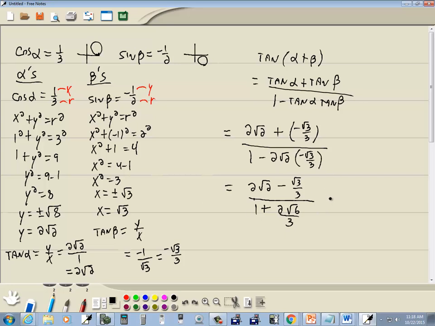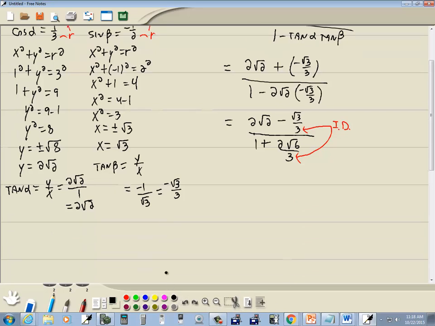Now we want to get rid of the fraction within the fraction, so we're going to multiply everything by the LCM of all our inner denominators. And when I say inner denominators, I'm talking about the fraction side of the fraction. Well, the LCM of those would be 3, so I'm going to multiply everything by 3.